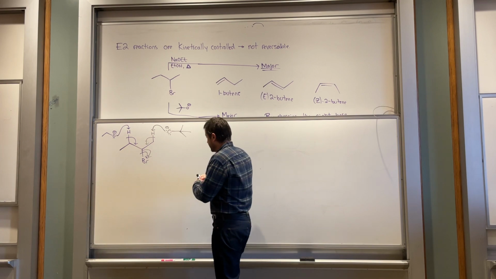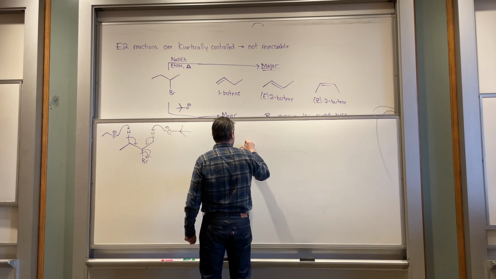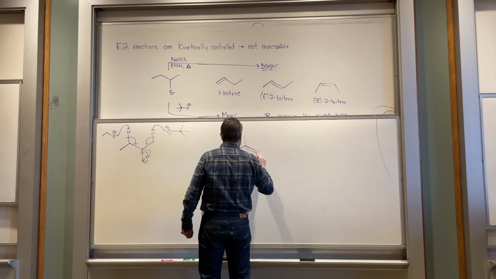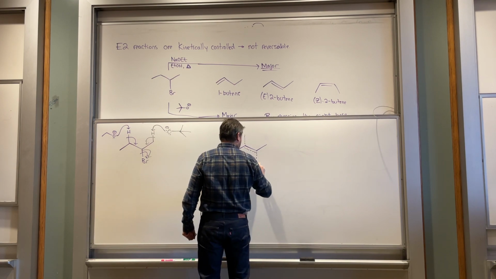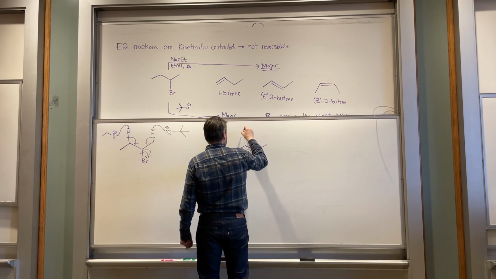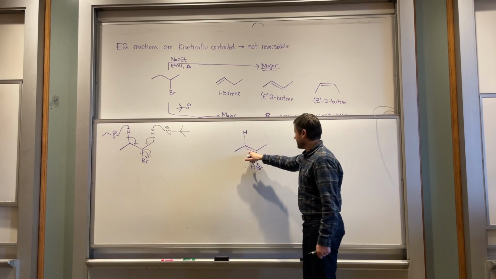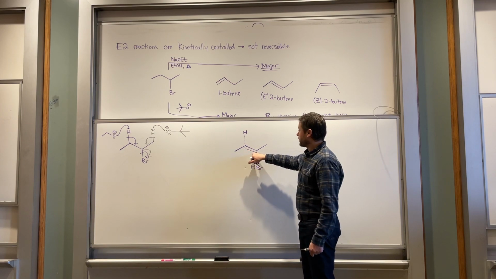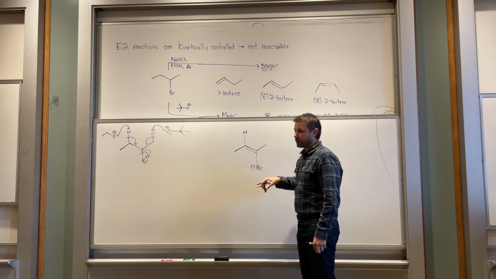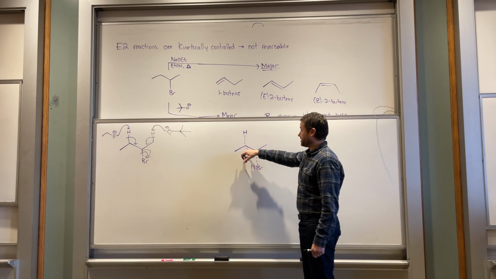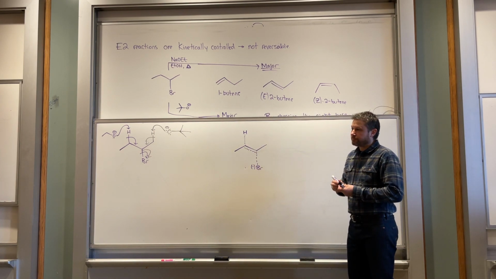But the transition state that results, the stability of this double bond that is forming, is really controlled by how many substituents are around it. So if the transition state is more substituted, then it's going to be a lower energy, more stable transition state, right?